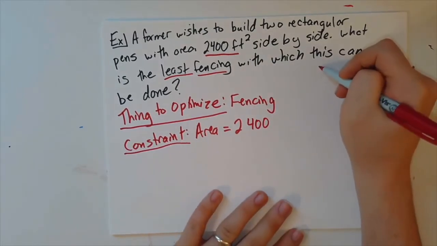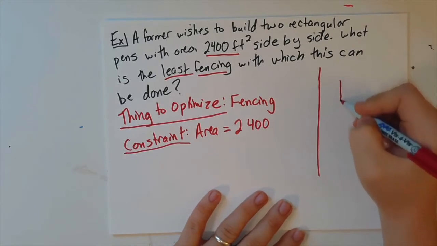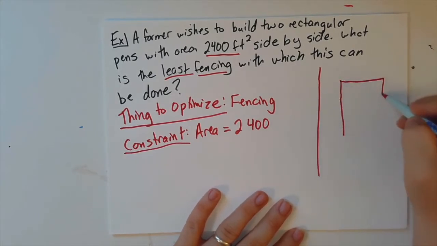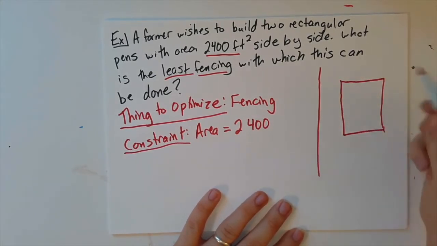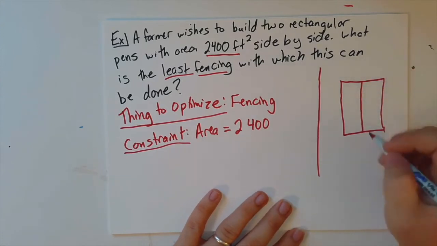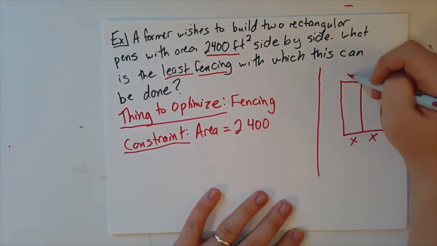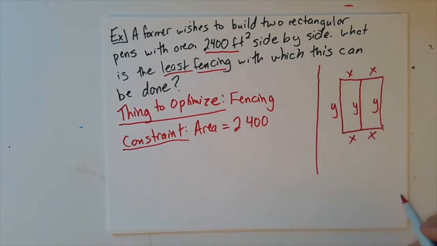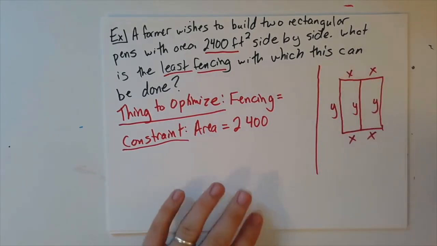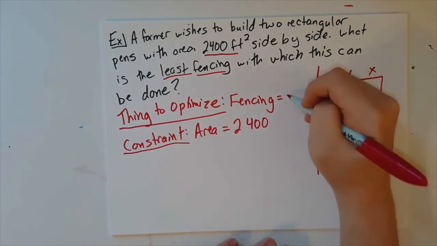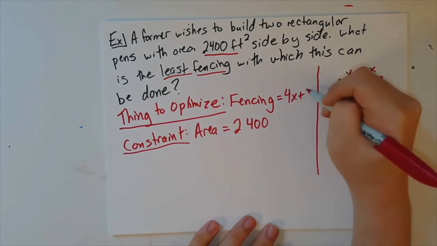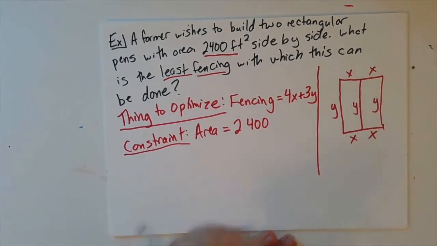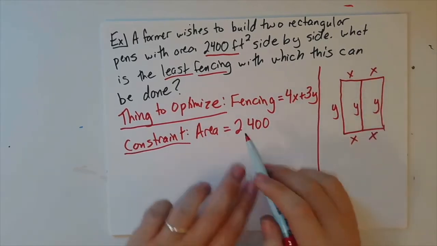So I have to draw my general picture over here. I'm going to make this x, x, x, x, y, y, y. And so I want to rewrite all of this in terms of this picture. So my fencing is going to be 4x plus 3y. And my area, that's the 2400.